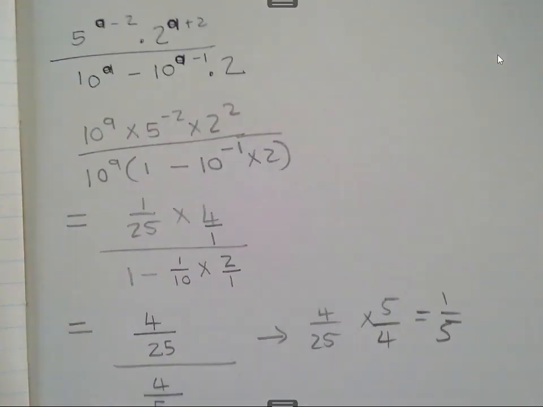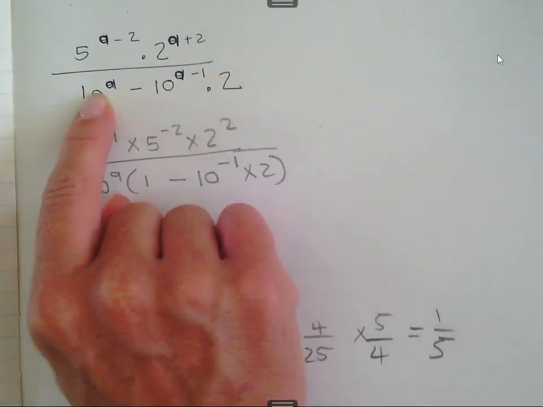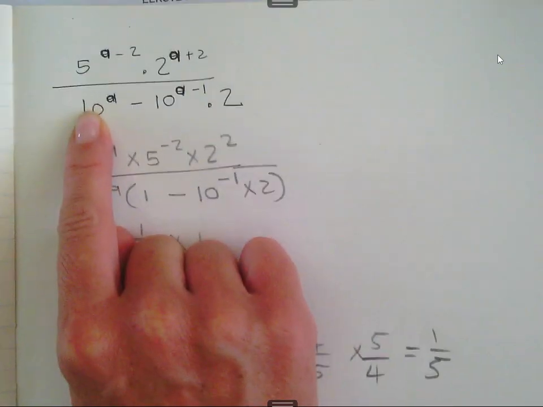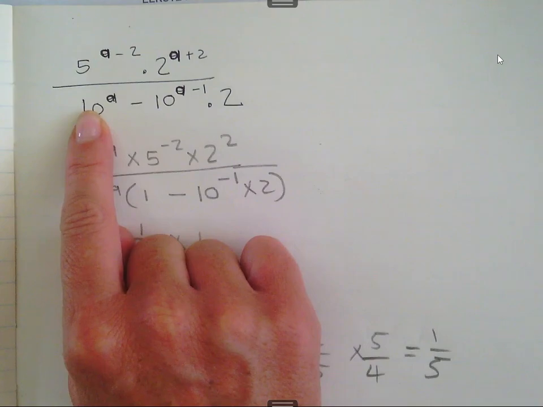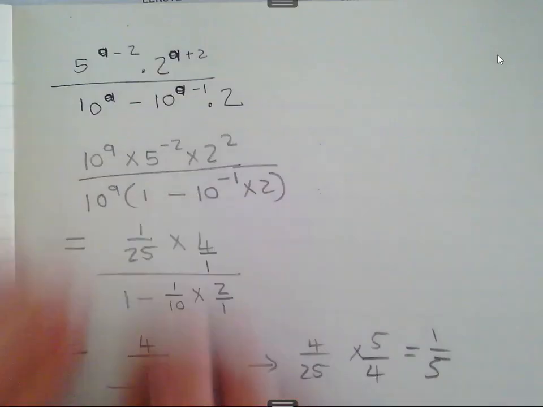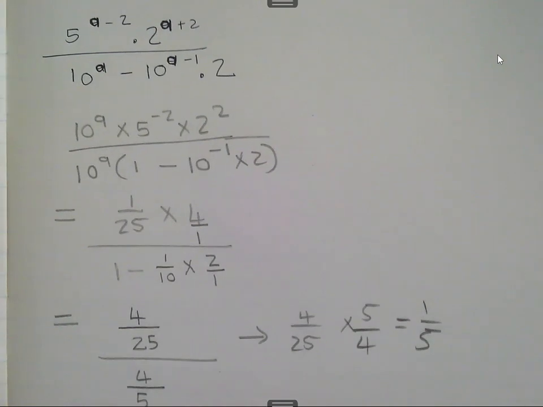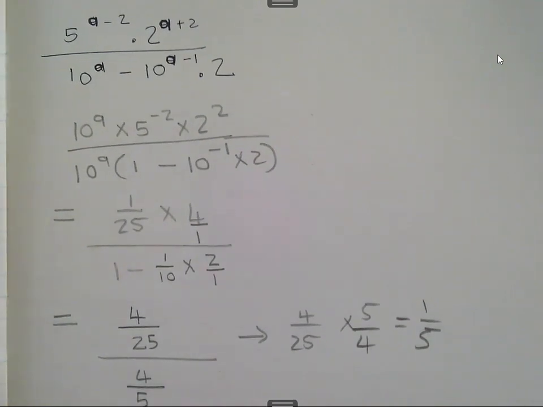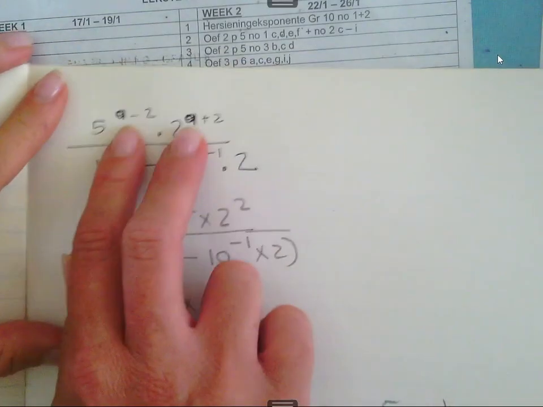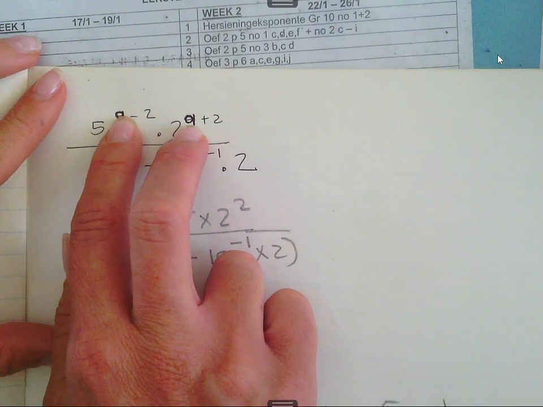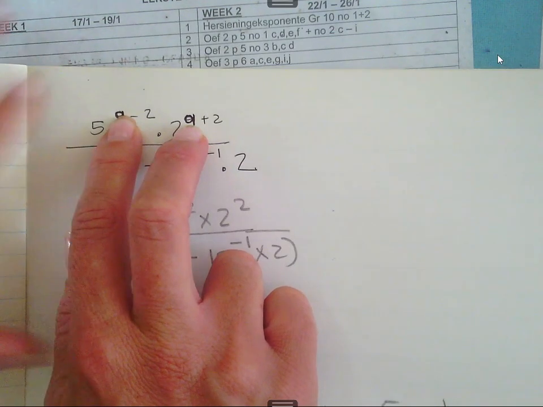Something I just want to talk about with the last question. You can either do it by changing that 10 to 5 times 2. Okay? The way that I did it here, that you will see on the picture. You remember that sum that we had, 2 to the power of 2015 times 5 to the power of 2019. So what I'm noticing here is that these two exponents are the same, just the a's.